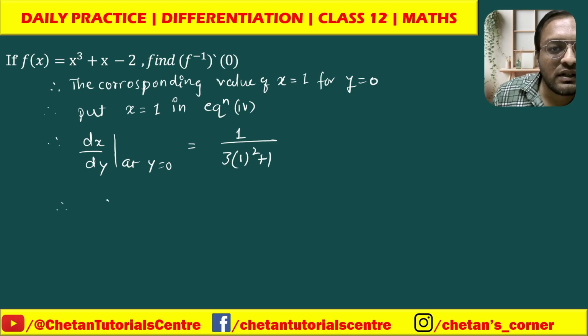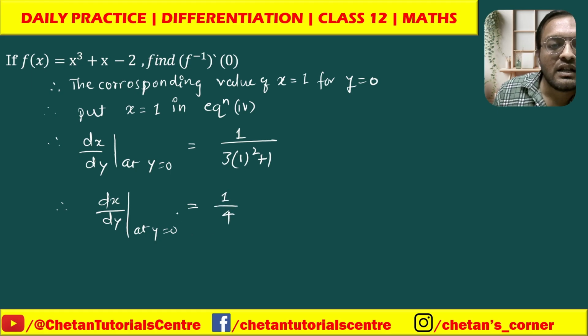Then on solving further, we will get dx by dy at y is equal to 0 is equal to 1 upon 3 into 1 square will give me 3, and this 3 plus 1 will become 4. So 1 upon 4. In this way, derivative of inverse function at y is equal to 0 is equal to 1 upon 4.